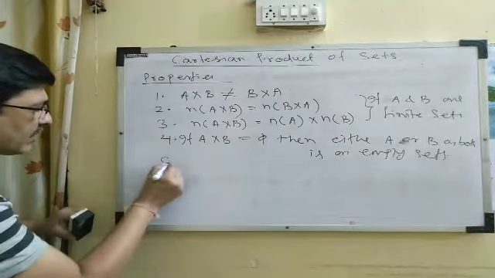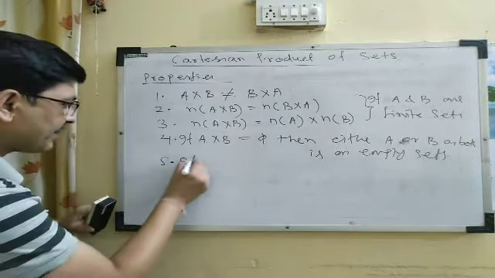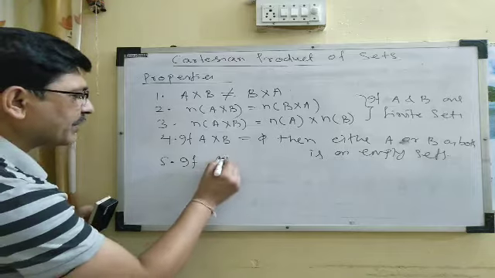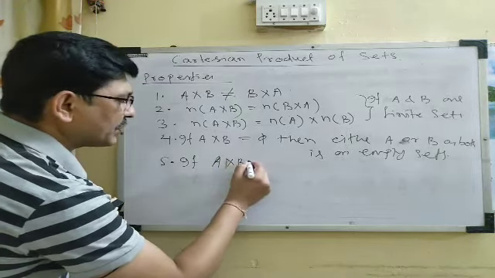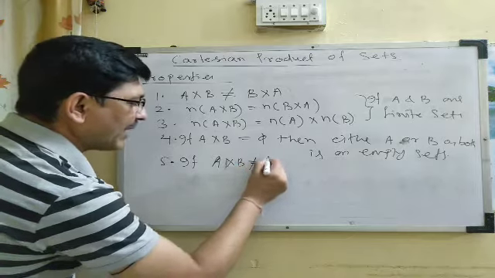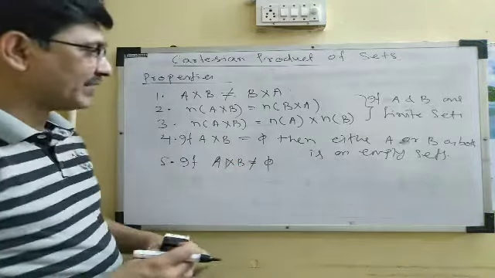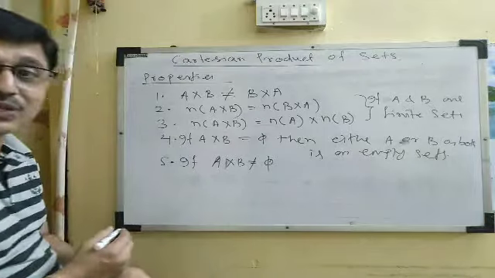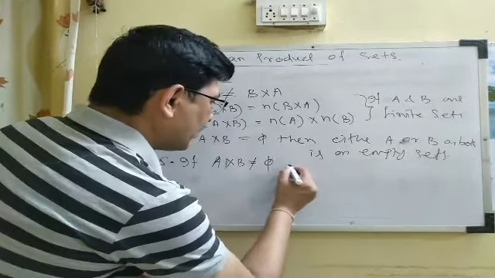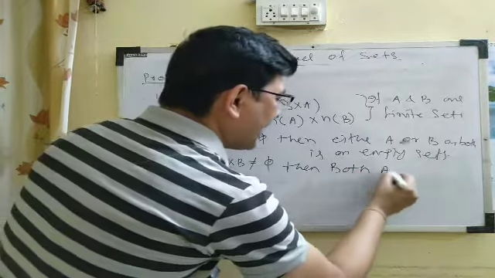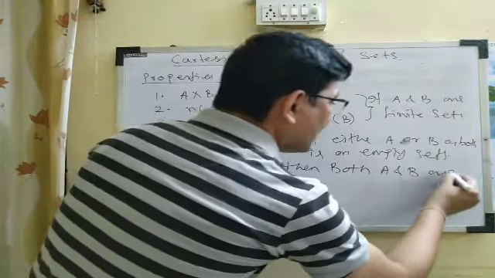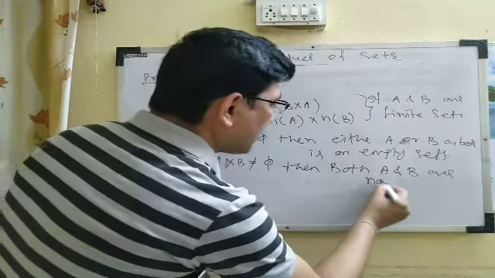Similarly, let us consider this fifth property. If A cross B is not equal to empty set, that means A cross B is not an empty set, then what can you say about A and B? Both A and B are non-empty sets.